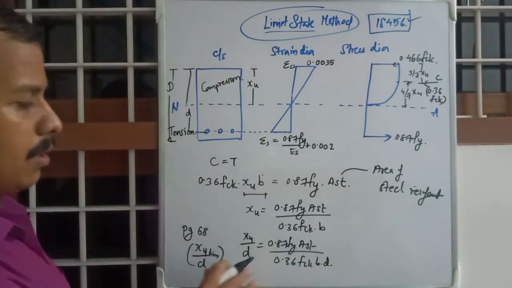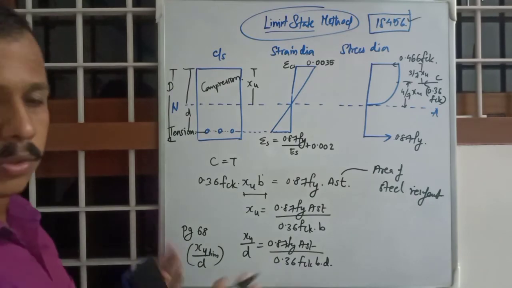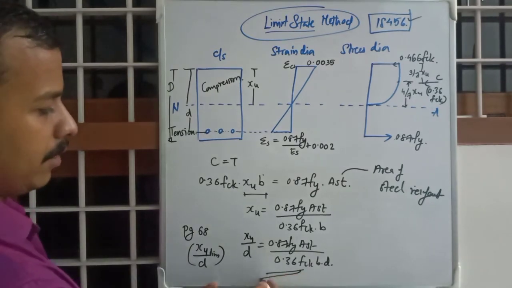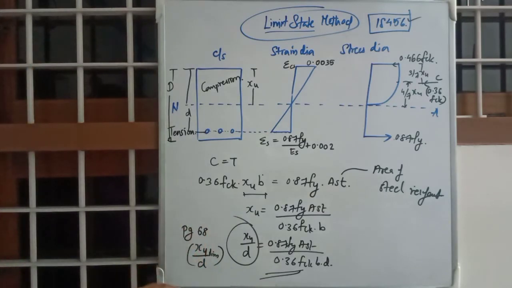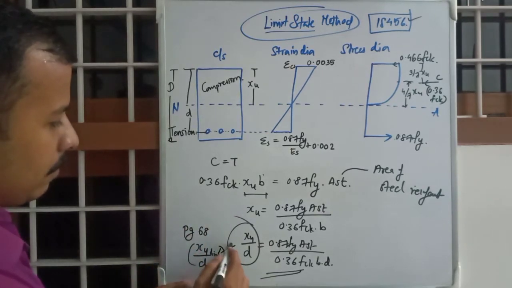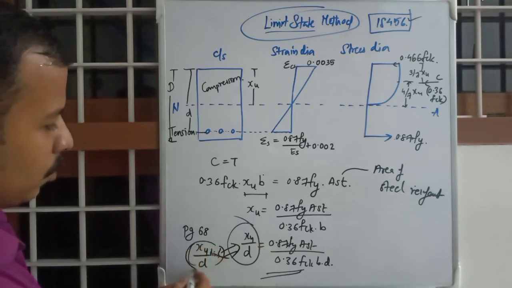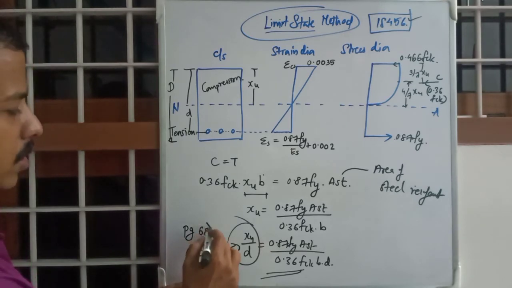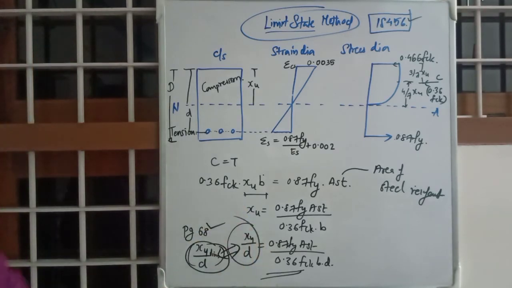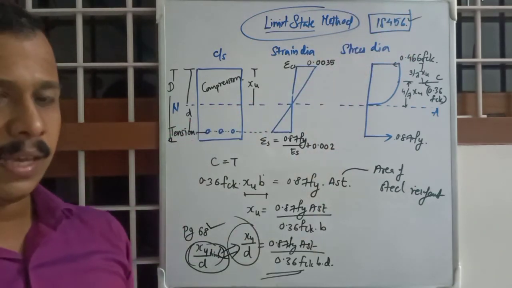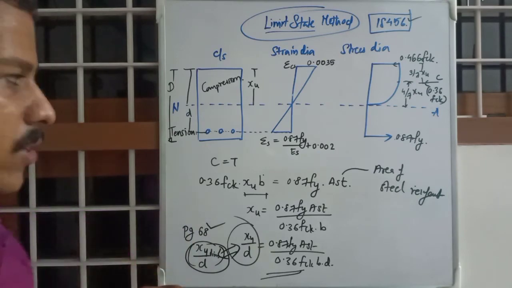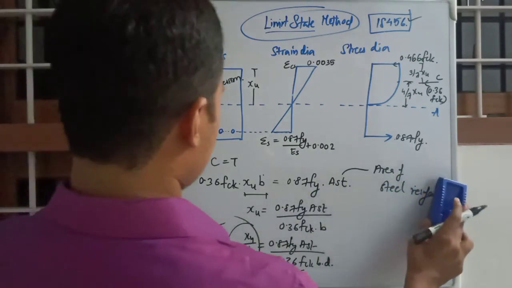We will just put d on both sides, that's it. And we will calculate this XU by d and then compare it with the XU limit by d on page 68 of IS 456, and then we will know something else. We will see what it is.